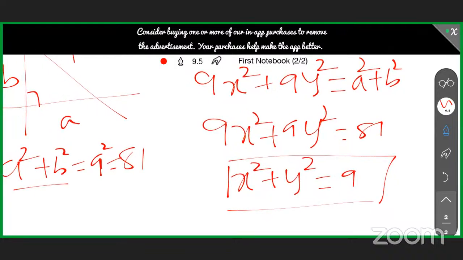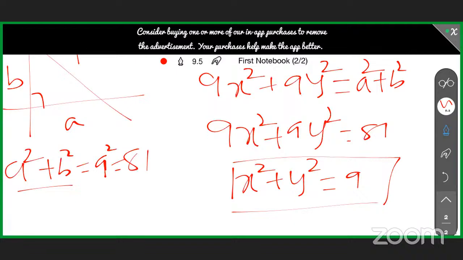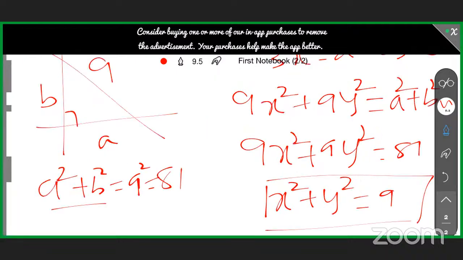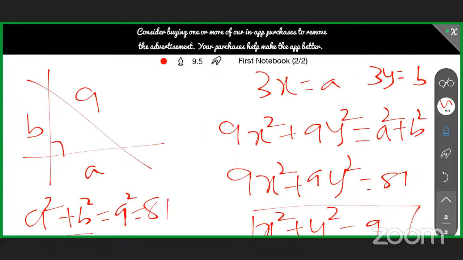So see, from here to here, it's the intercept form. The x-intercept will be A, and the y-intercept will be B. So it is becoming a right angle triangle. We know that in a right angle triangle, the square of the hypotenuse is equal to the sum of the squares of the other two sides.